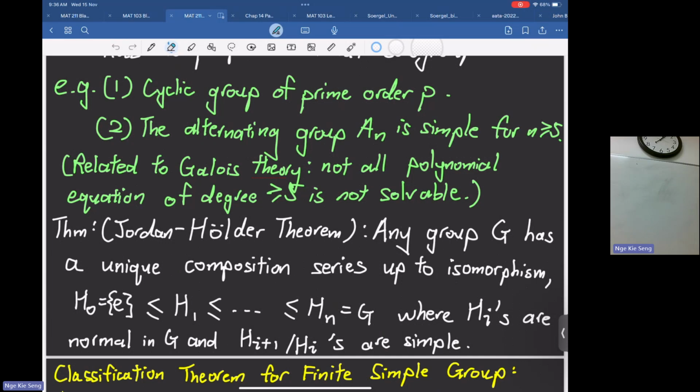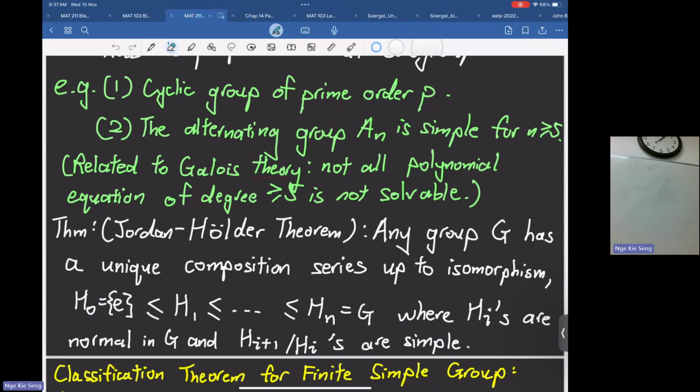Because it is a normal subgroup, you can take the quotient, and then every quotient is simple. This is called the Jordan-Holder filtration for groups. This is true up to isomorphism, meaning every group I can decompose in this way, and it is unique up to isomorphism.